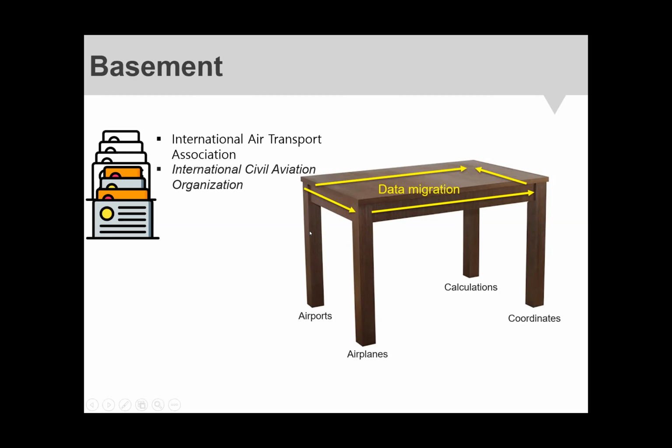For example, sometimes you can find information from the airport, like the number of the flight, and it can be one standardization. When you want to find coordinates, it can be another standardization.